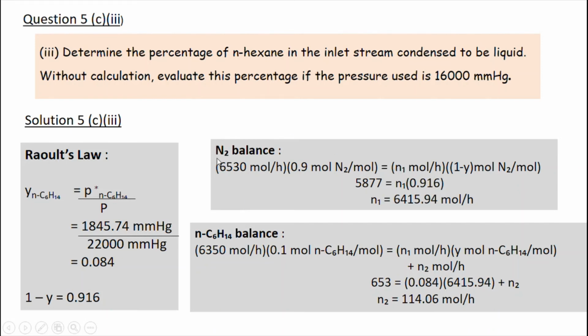Then we use the nitrogen balance, input equals output. We can solve N1, the molar flow rate of the top stream, which is 6415.94 mole per hour. Then we use the N-hexane balance, input equals output. We can solve N2, the molar flow rate of N-hexane condensed to liquid. N2 equals 114.06 mole per hour.